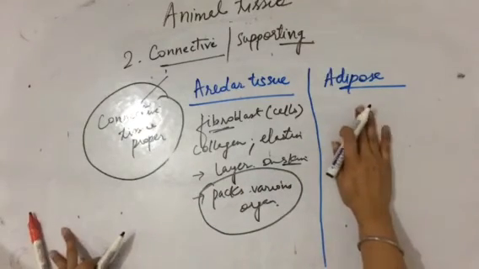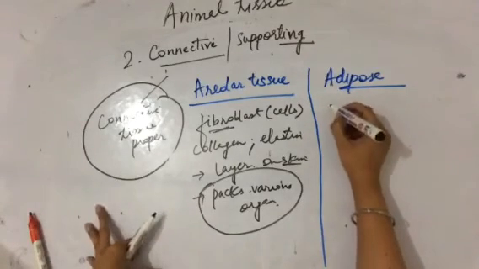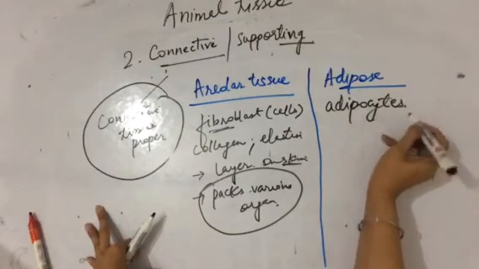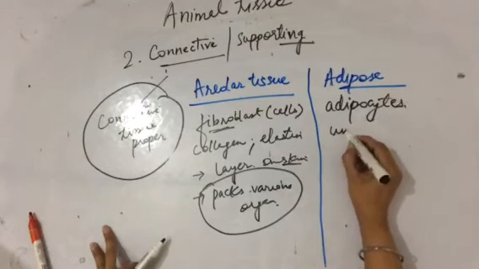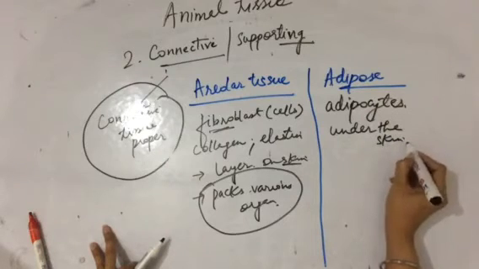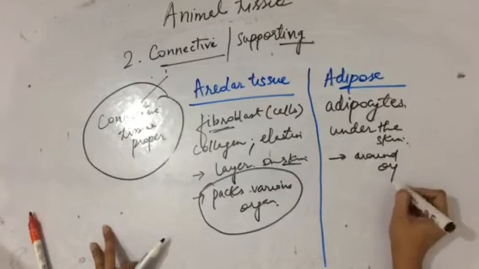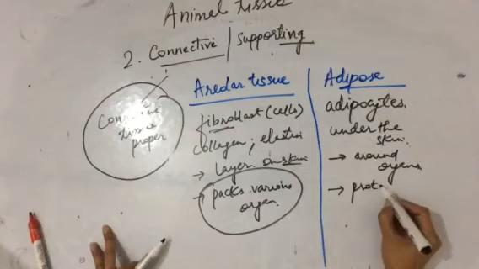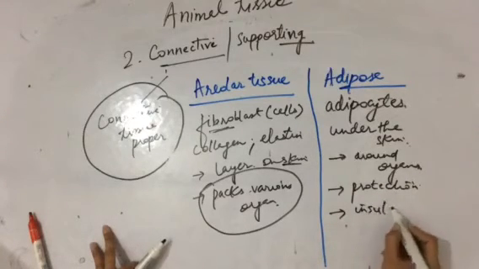While in adipose tissue, which cells are present? The cells are known as adipocytes. Adipocytes. It is present under the skin, as well as around organs, and it provides a role of protection and insulation.